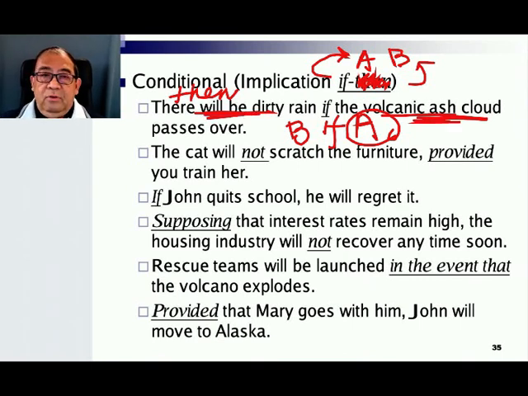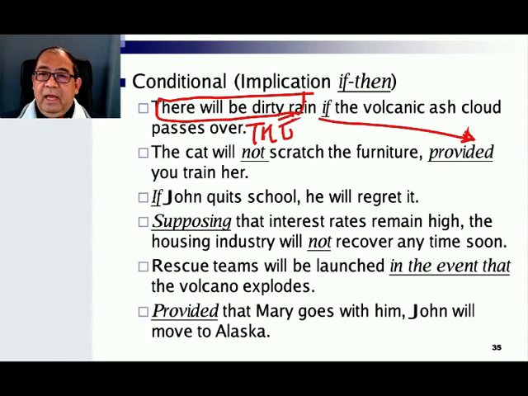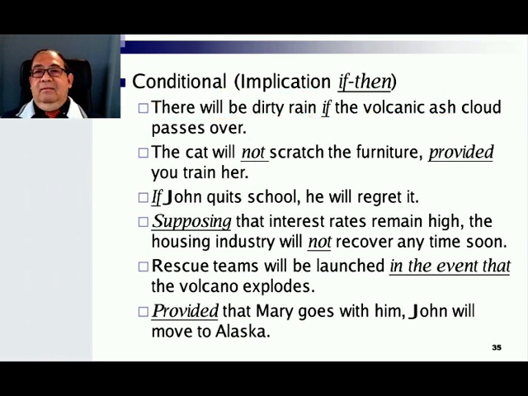So if you don't use the word then, this part is B, this part is A. Now if you use the word then, this part goes to the second part of the English sentence, and there is the word then here. So this part is A: if the volcanic ash cloud passes over, then there will be dirty rain. This part is B. So you have to be careful when you look at if then.